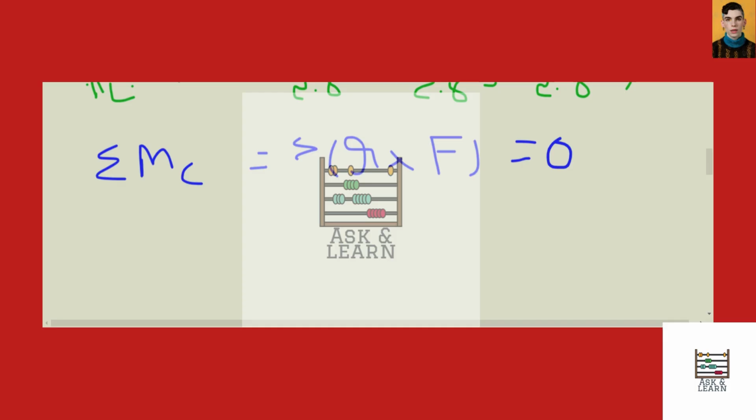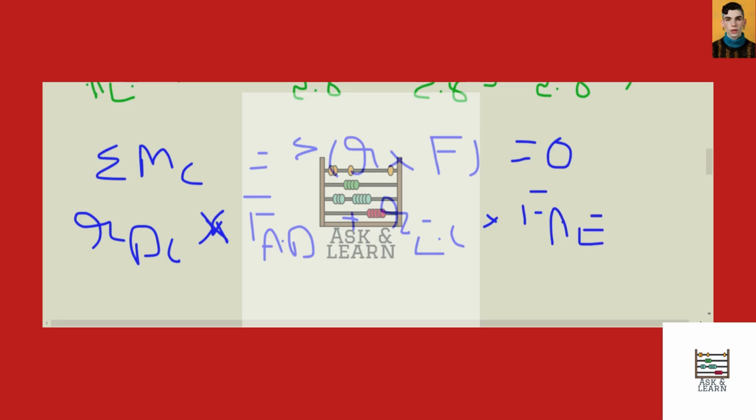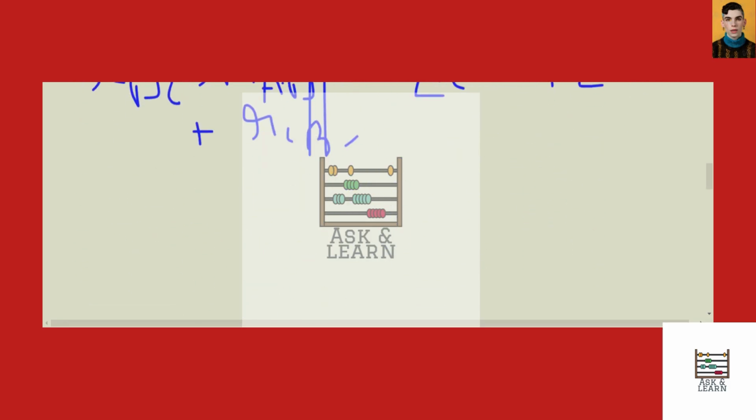And the F components are C, FAD, FAE, and B. By taking the cross product of this R and F respectively, we will get the equation RDC cross FAD plus REC cross FAE plus RCB cross B is equal to 0.